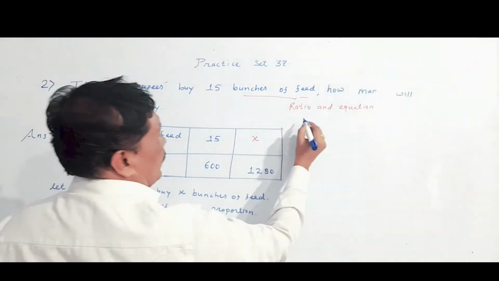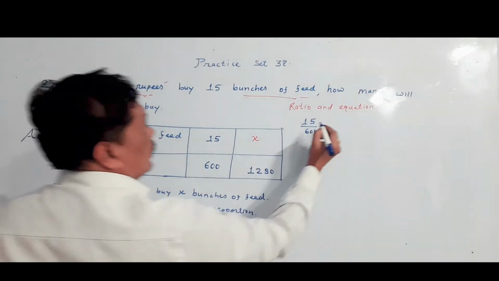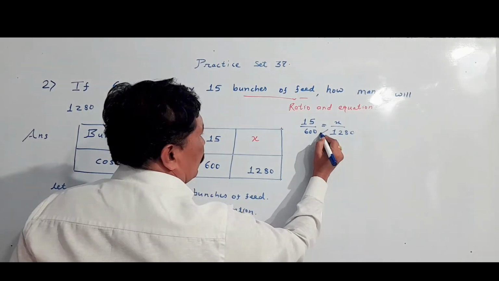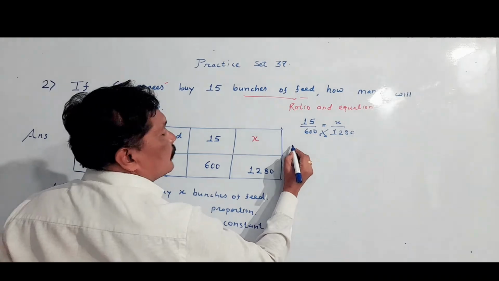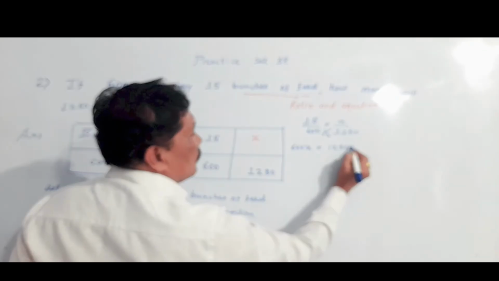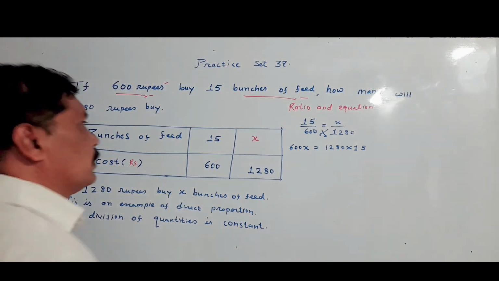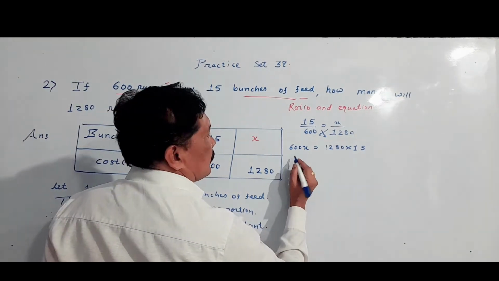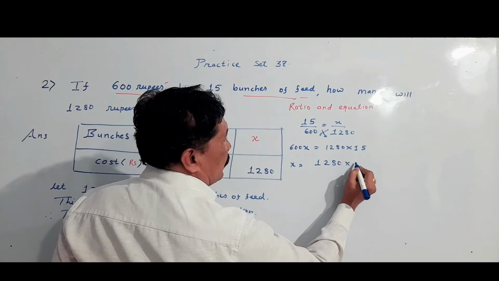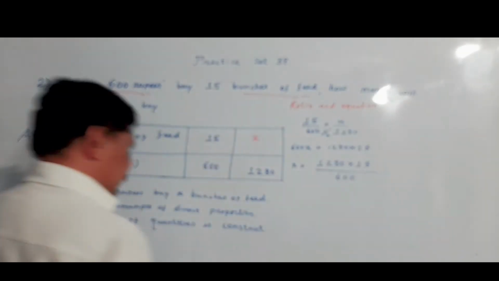According to ratio and equation, 15 upon 600 is equal to x upon 1,280. Cross multiplication. 600x is equal to 1,280 into 15. X is equal to 1,280 into 15 divided by 600.